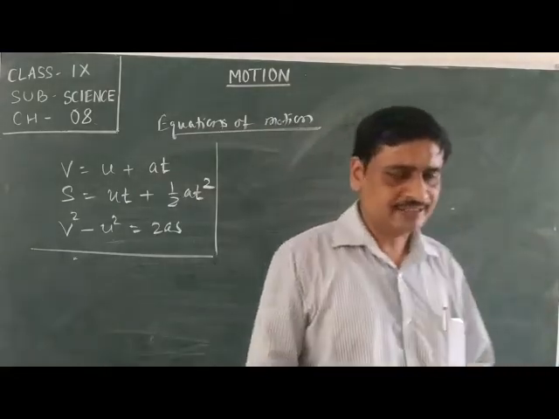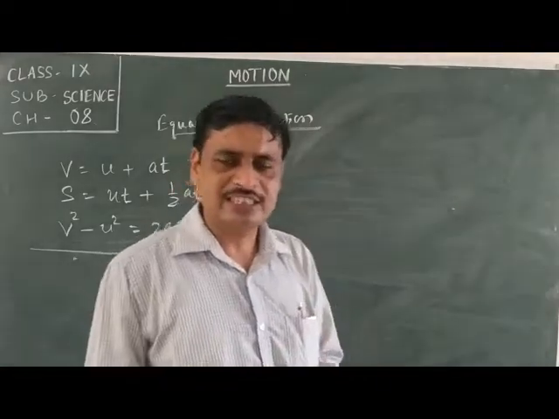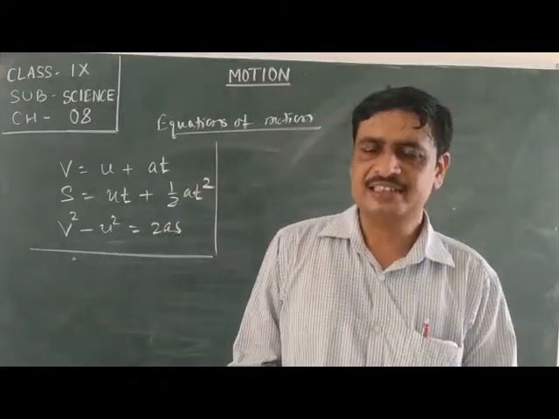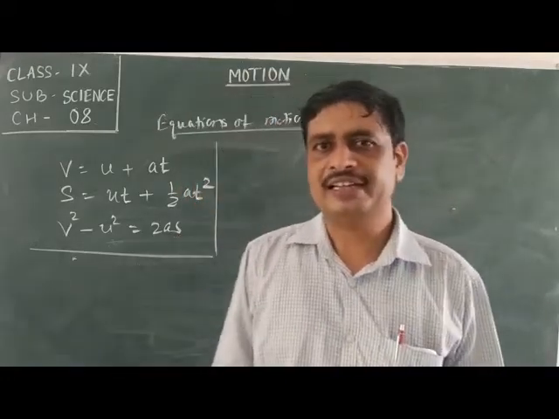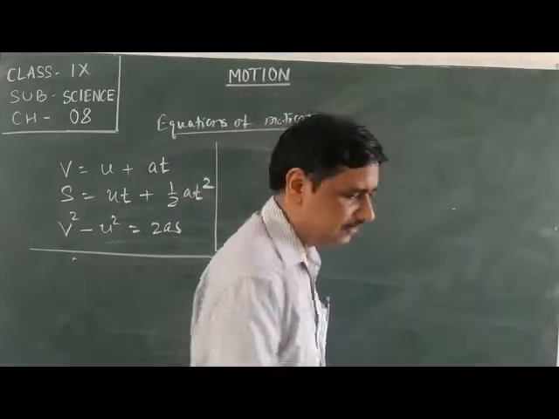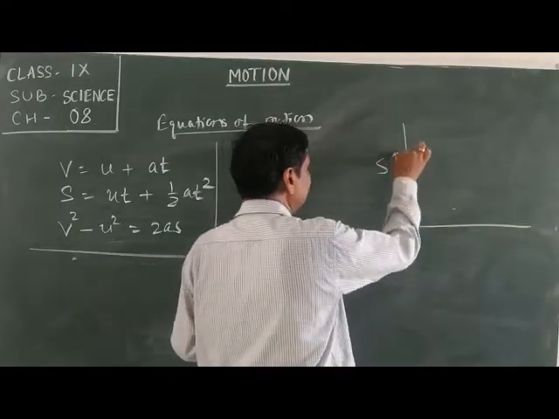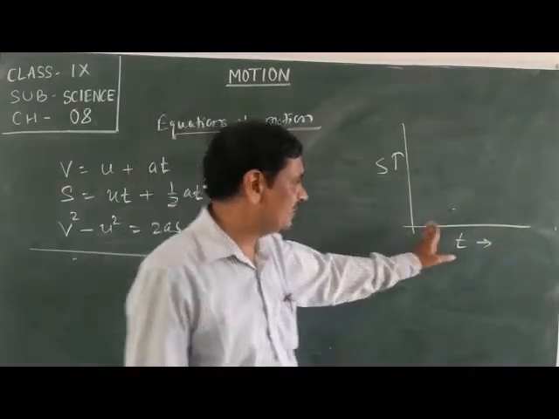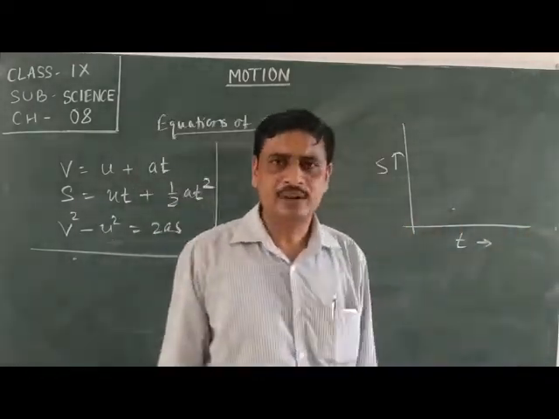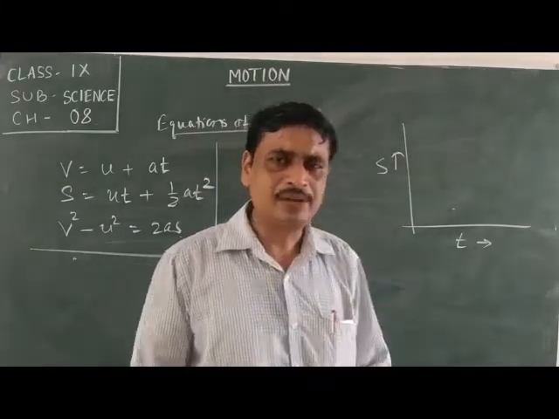To derive the equations of motion, we have to understand the graphical representation of motion. Like when we take the velocity time or displacement time relation, then we can represent the type of motion a body shows. Like when displacement and time axes are there, this x-axis shows the time required for the motion of the body, and y-axis shows how much the body is displaced.